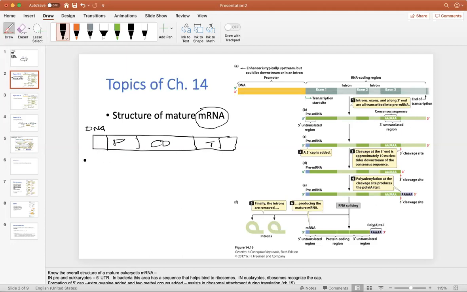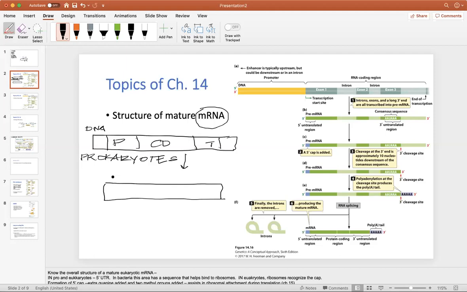Let's talk about what the RNA molecule that's generated looks like in prokaryotes, because we didn't really talk a lot about that last lecture. So let's assume that we've gone through transcription and now we have a messenger RNA. And in prokaryotes, we don't have to do a lot of processing to get a mature RNA, because prokaryotes don't have these messy introns and other things that eukaryotes have.